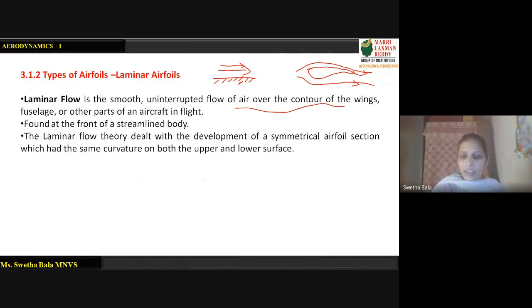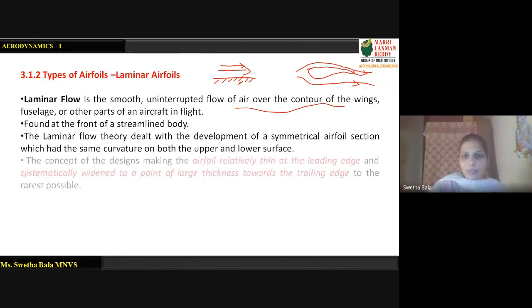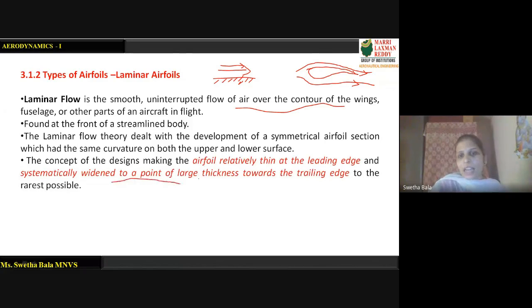Basically, it is a symmetrical airfoil section. The next one is, so what is the design part? As you are moving towards the trailing edge, the design tends to widen. Okay, large thickness towards the trailing edge. We are just seeing that the flow over the airfoil is not tending to separate. So this is a laminar airfoil.